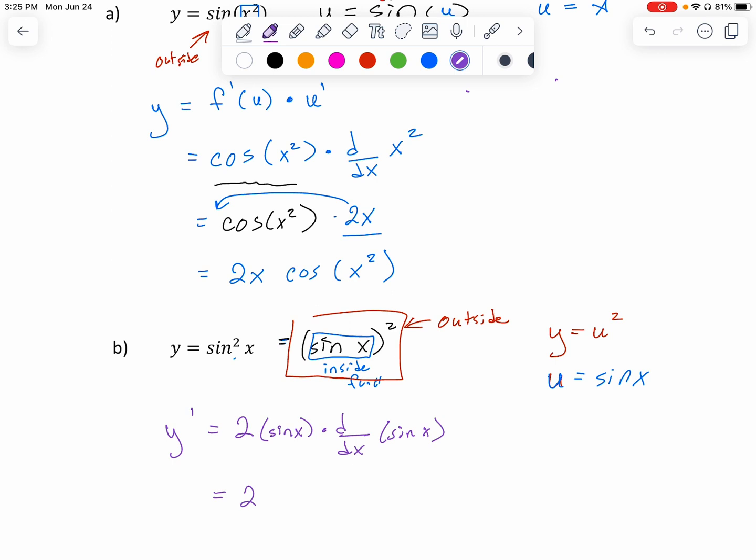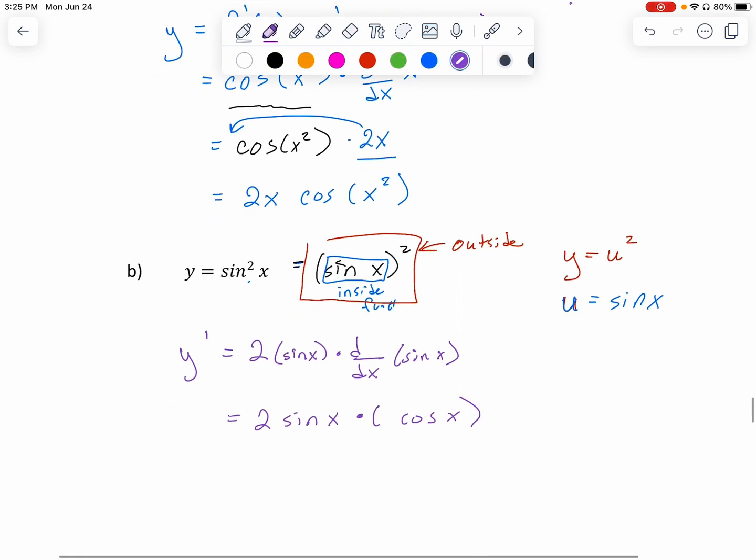So that gives me 2 times sine of x times, and then the derivative of sine of x is negative cosine of x. Oops, sorry. No, it's not. It's just cosine of x.